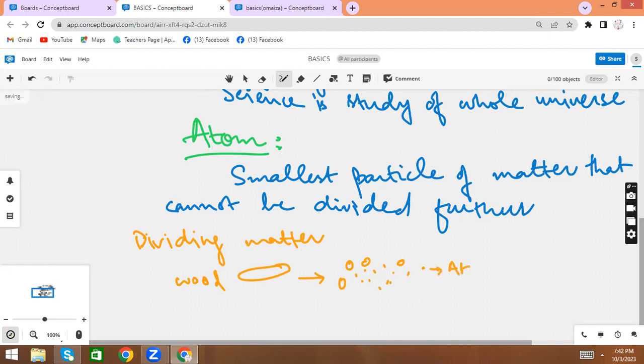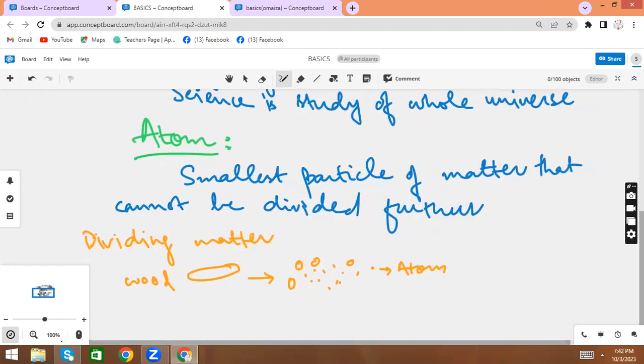So that is the atom. Okay, it is the smallest particle of matter that cannot be divided further. So the atom is related to matter. Matter is anything which has weight and occupies space, and an atom is the smallest particle of matter.